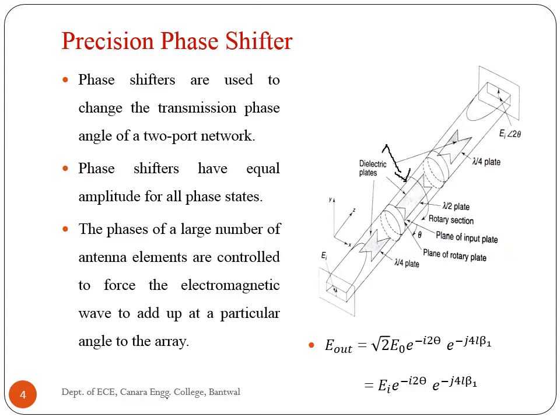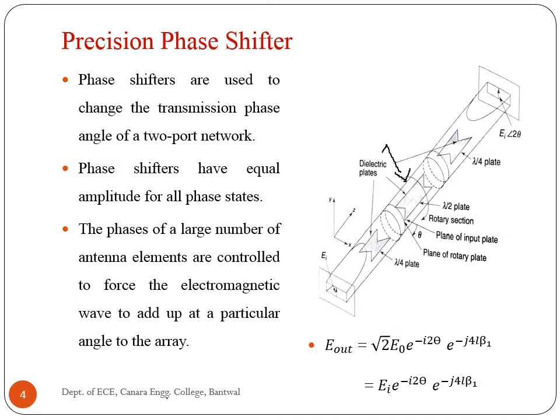This section can be rotated over 360 degrees precisely between two sections of circular to rectangular waveguide transitions, each containing lossless dielectric plates of length L, called quarter wave sections, oriented at an angle of 45 degrees with respect to the broad wall of the rectangular waveguide ports at the input and output.